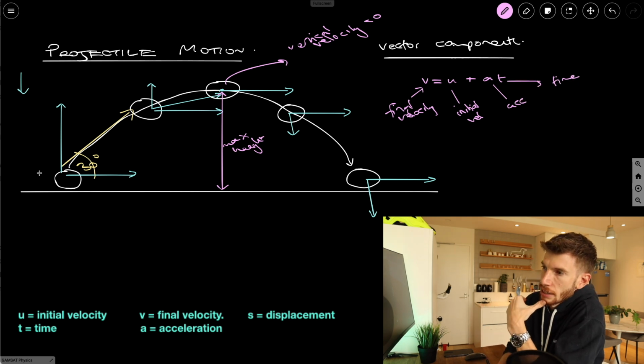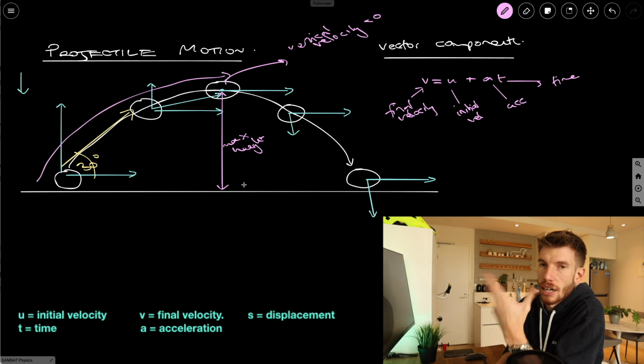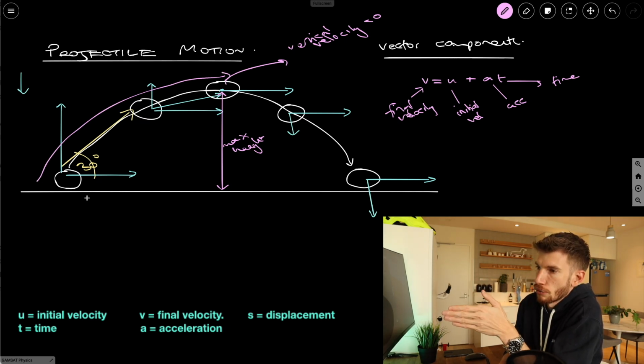So we can take the rising phase, or the ascending phase, split it in half, and say, okay, from here to here, we're going to do all vertical. Let's say that its initial velocity was 30 meters per second vertically, right?